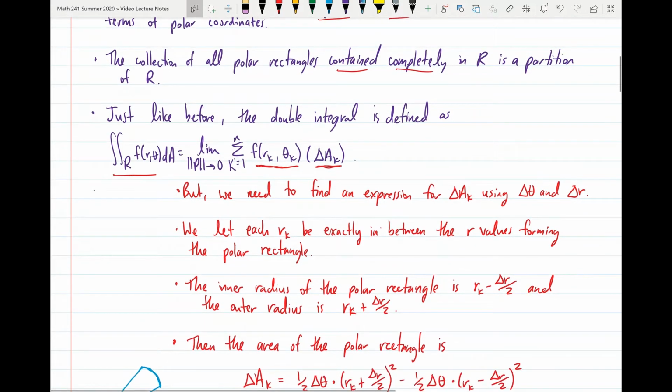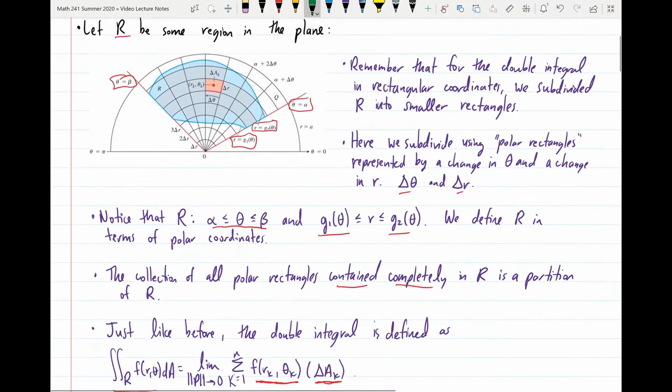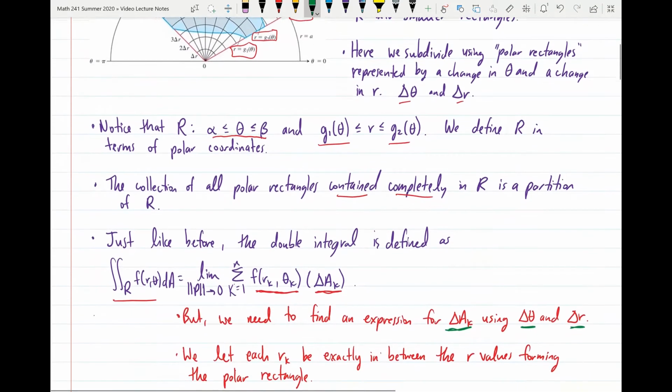But the only problem we have left to solve here is that we need to find an expression for the area of the kth polar rectangle using delta theta and delta r. So in the case of rectangular coordinates, this ended up just being delta x times delta y, because the area of a rectangle is equal to width times height. But the problem here is that the area of these polar rectangles is a little bit tougher to come by.